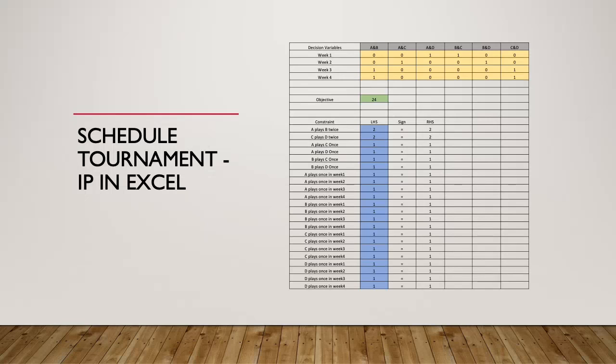And finally, this is the solution we get with the Solver plugin in Excel. So AB is playing in the third and fourth week, because they need to be played twice, and the same way CD is going to be here. Yeah, this is the solution.